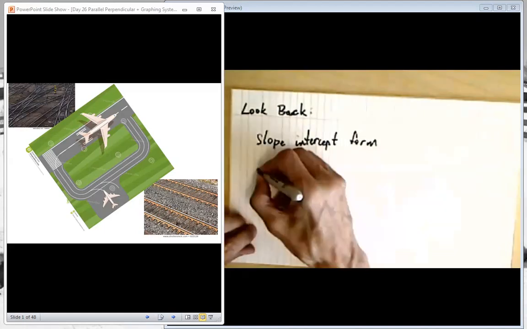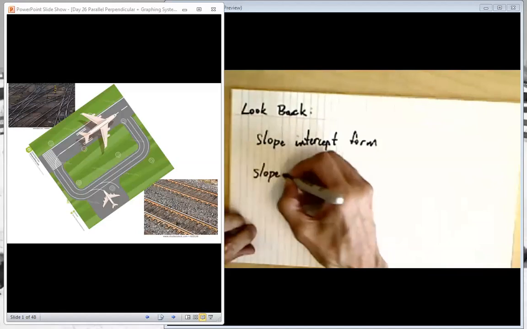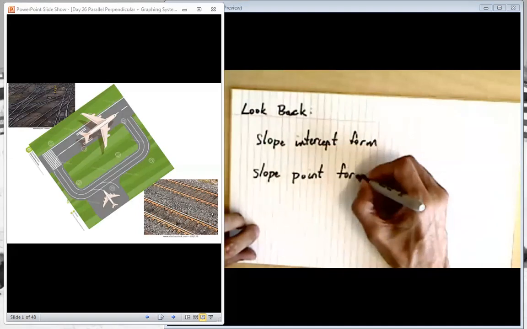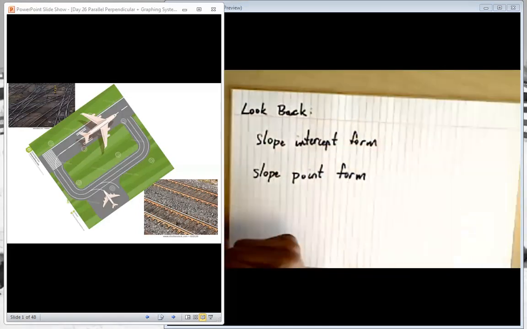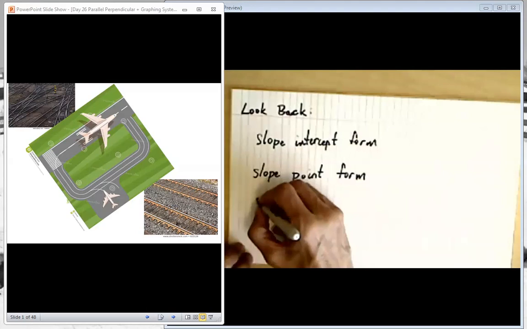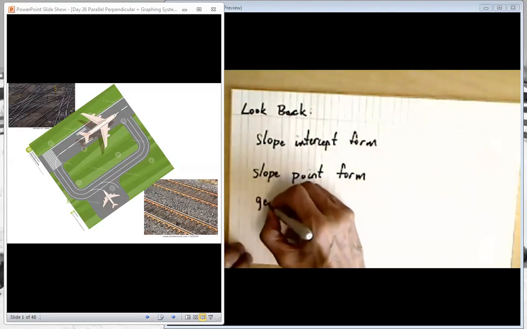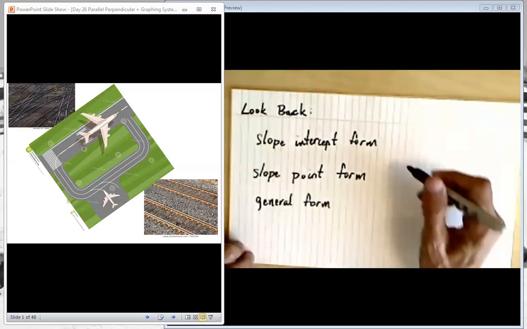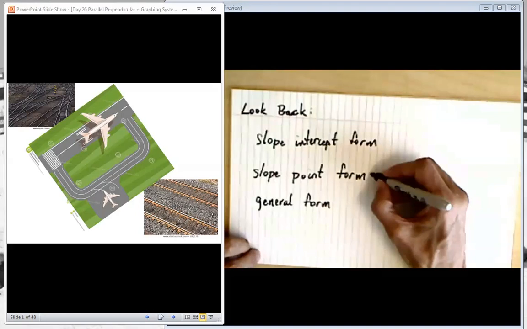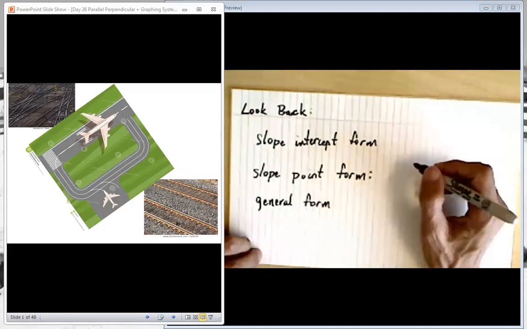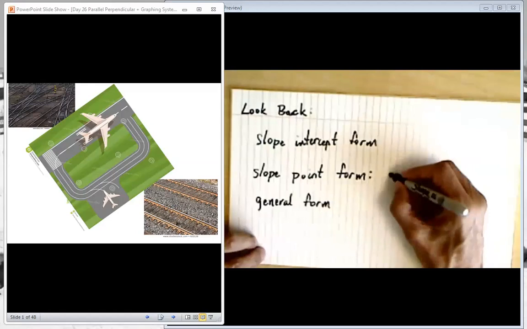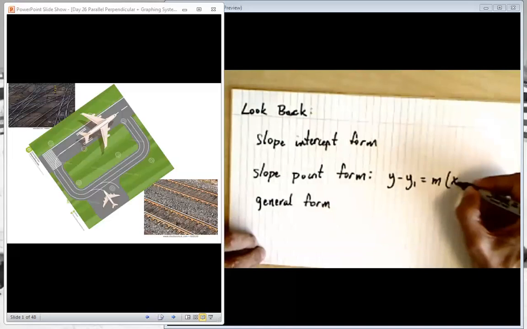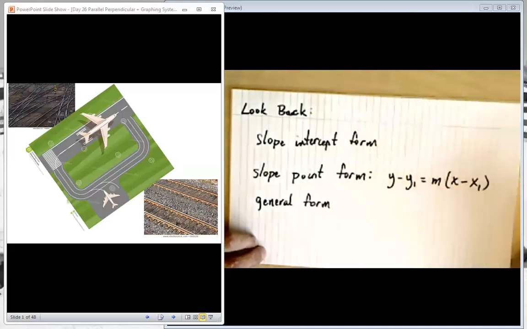Maybe if I asked what this one is, slope point form. All right, that was another style. We also had the general form from yesterday, which we talked about already. So I want to focus on these two. The slope point form, that was the one that I just heard from class. That's this one: y minus y1 equals m times x minus x1. What's the slope intercept?